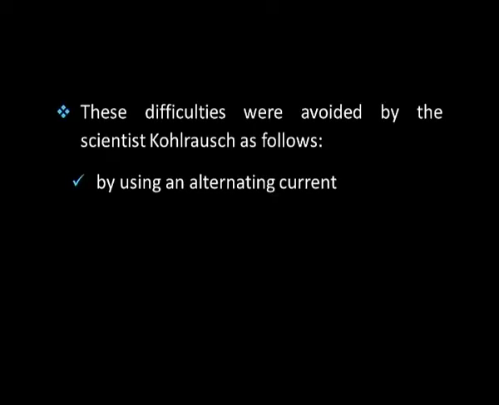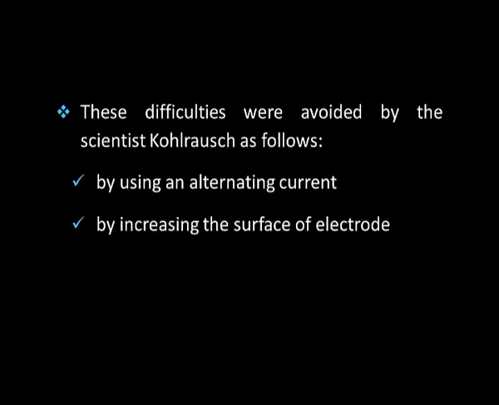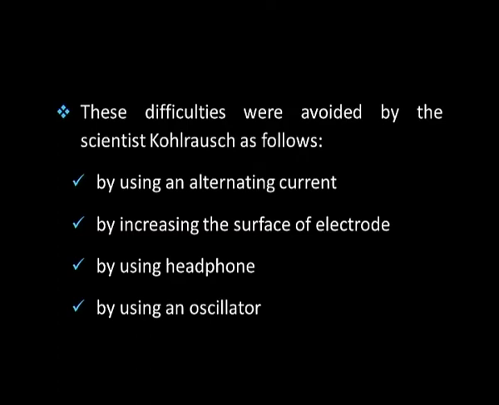These difficulties were avoided by the scientist Kohlrausch as follows. He used an alternating current in place of direct current, by increasing the surface area of the electrode, by using a headphone and by using an oscillator.